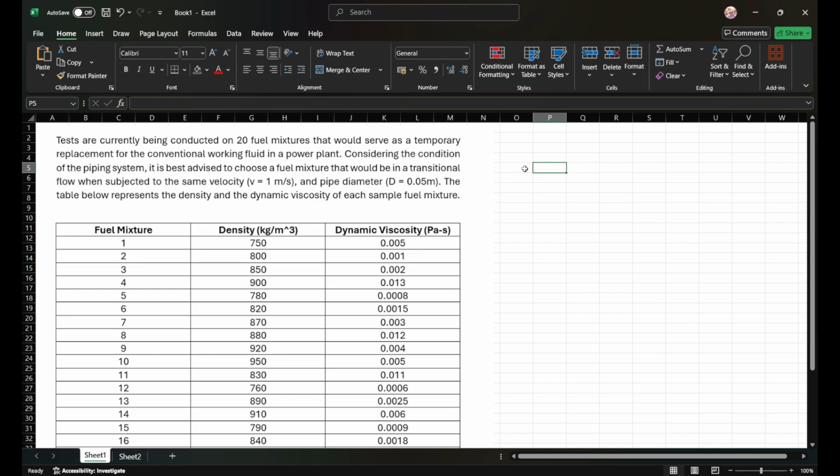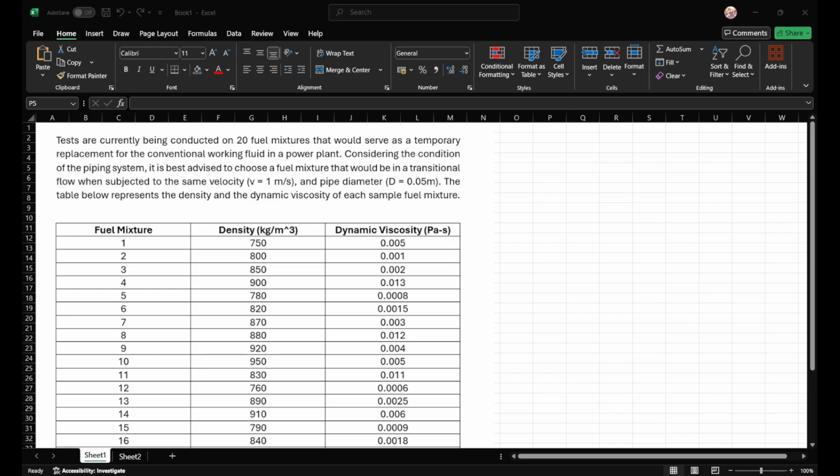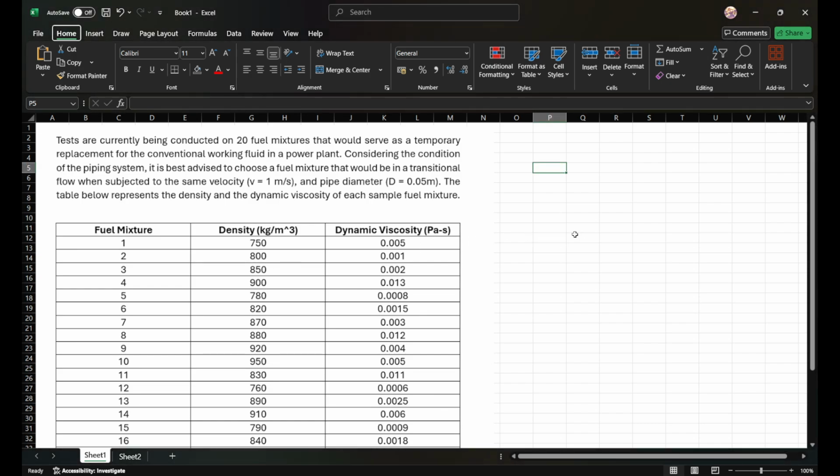So without further ado, I'll just read out the problem and then we can proceed to making this. Okay, so here we go. Tests are currently being conducted on 20 fuel mixtures that would serve as a temporary replacement for the conventional working fluid in a power plant.